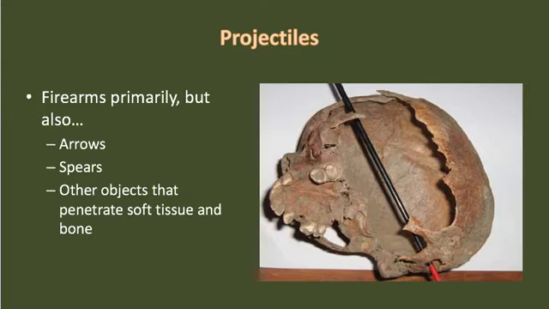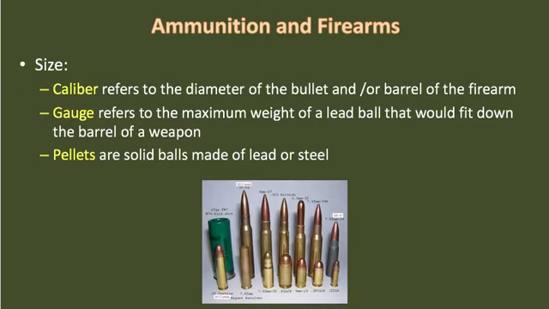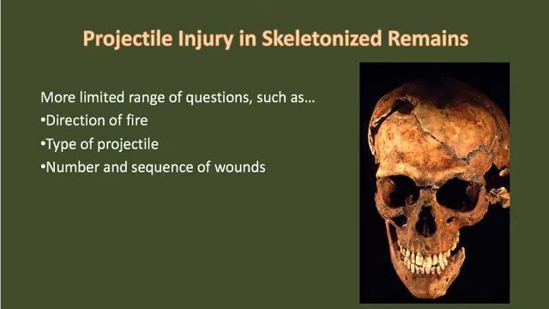So we're going to skip through some of these definitions. You can go over some of this by yourself, definitions of caliber, gauge, etc. We are going to skip down to what exactly a forensic anthropologist can and should look for.